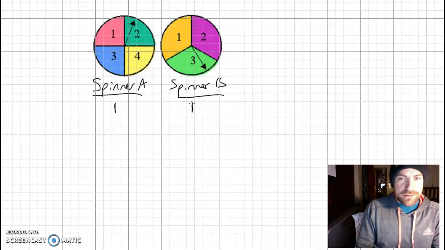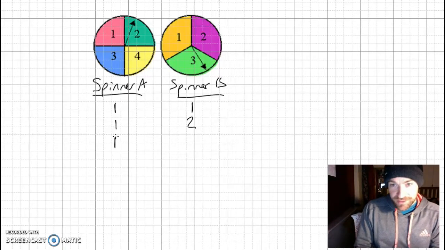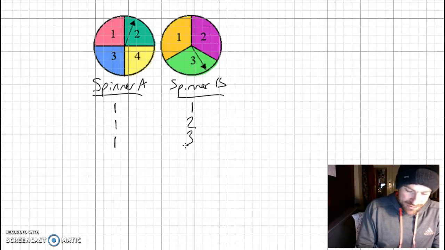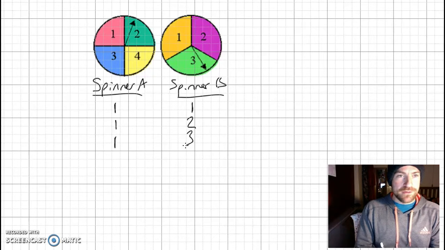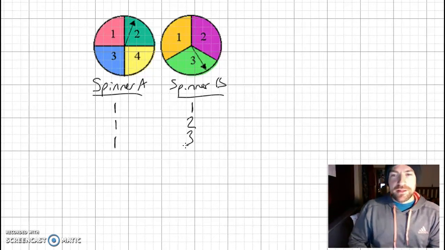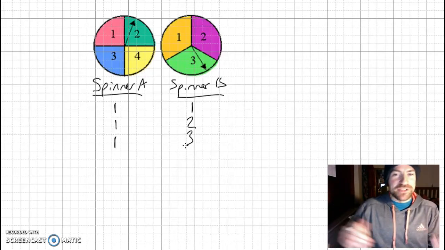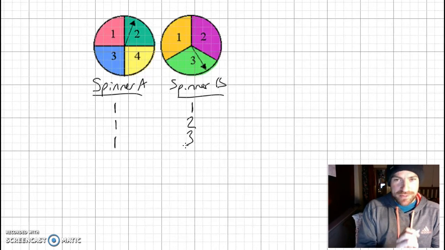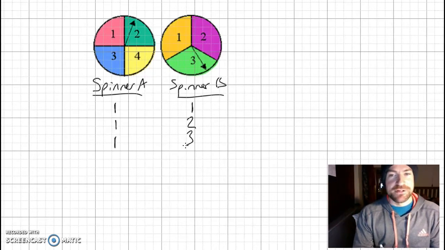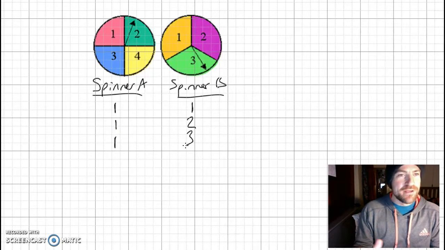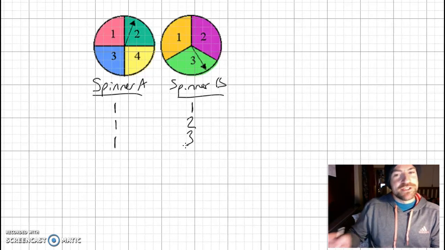Now staying with spinner A, 1, the next outcome you could get on spinner B would be a 2, and the last outcome, if you get a 1 on spinner A, could be a 3 on spinner B. The way to not get your list in a muddle is to stick with the first spinner or the first event, which is spinning spinner A or rolling dice 1 or whatever it might be, and go logically through those steps, changing spinner B first.